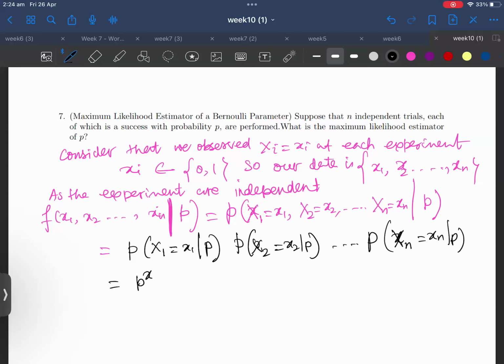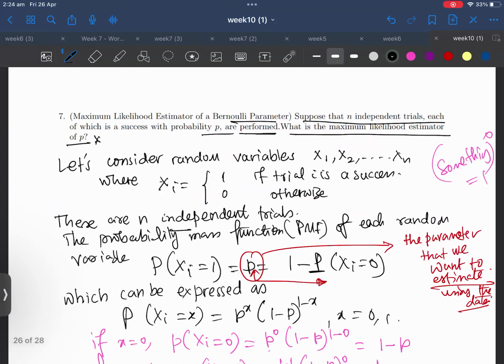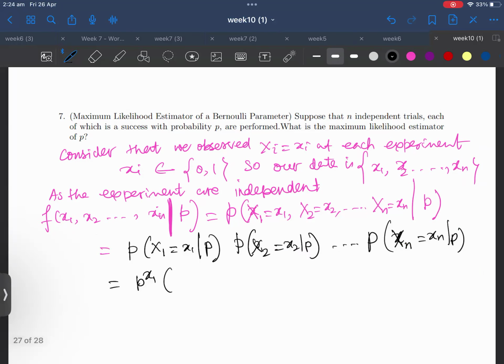So here p of x1, like what we have found, is here, and 1 minus p, 1 minus x1. Similarly, p x2, 1 minus p x2, and so on up to p xn, 1 minus p xn.